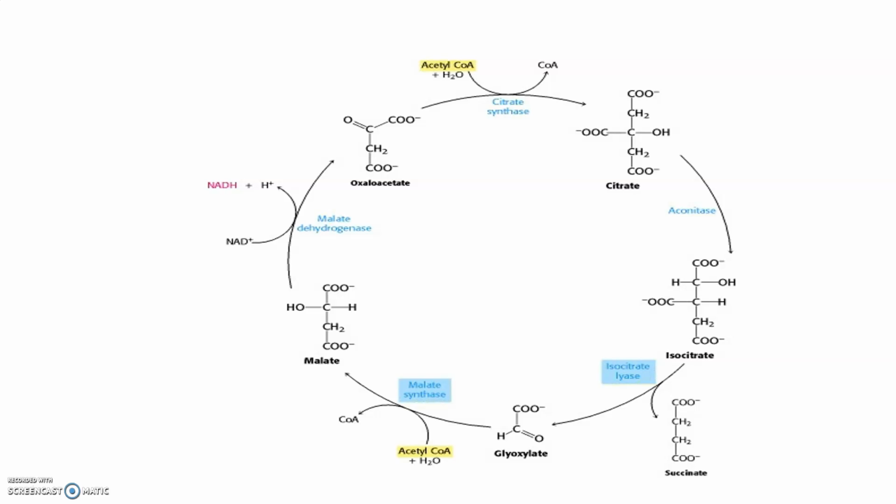And then this citrate is converted with the help of the enzyme aconitase to isocitrate.